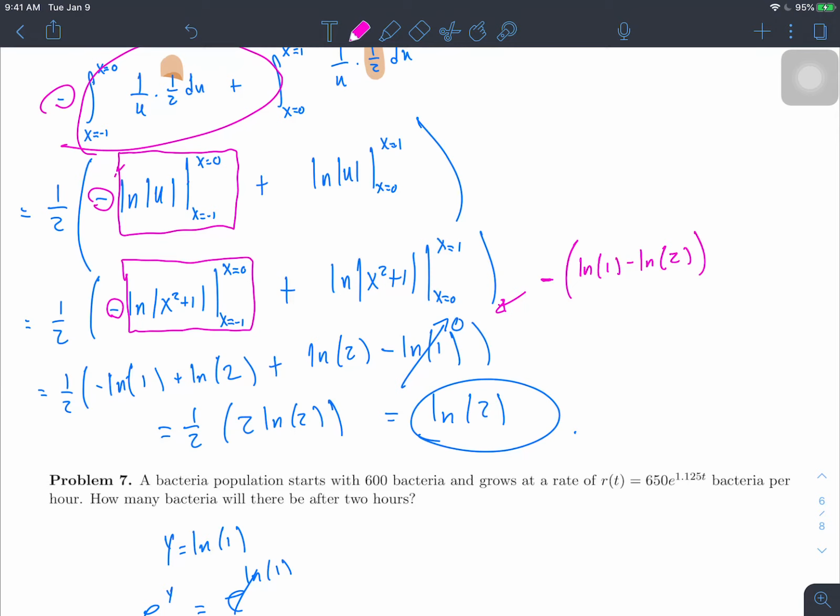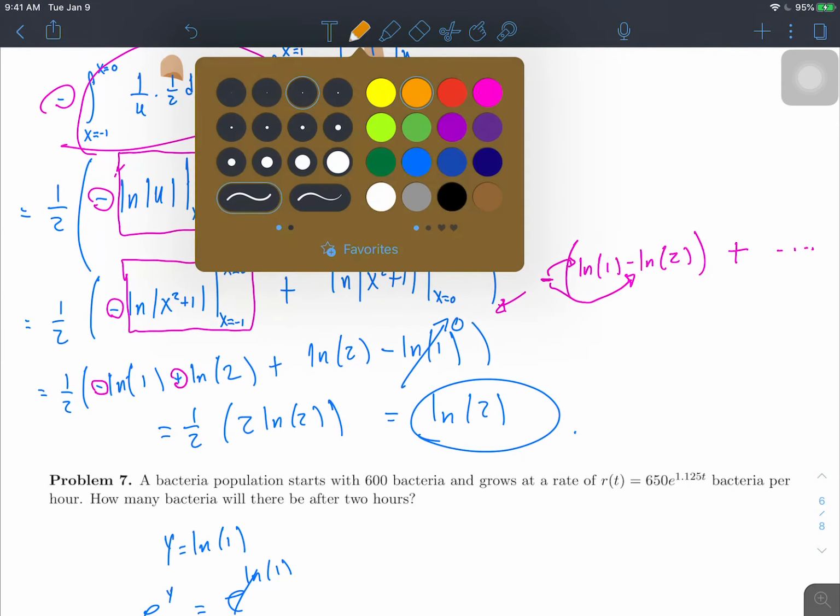So then we would have plus the other integral. When I distributed this negative sign onto the ln 1 and onto the negative ln 2, it became negative ln 1 plus ln 2. Does that make sense? Yeah. Okay, and then I had the plus sign.